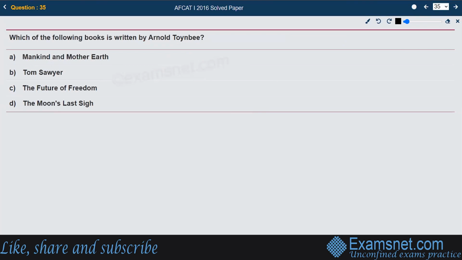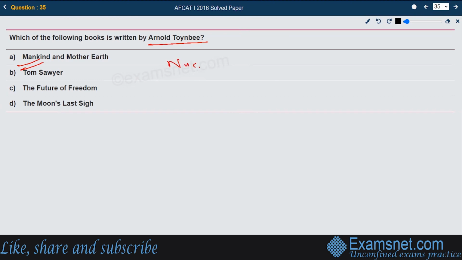Now the next one. Which of the following books is written by Arnold Toynbee? The right answer is Mankind and Mother Earth. It is written by prominent world historian Arnold Joseph Toynbee, which summarizes his magnum opus earlier in his career with an afterword cautioning against nuclear proliferation. So what does this book tell about?